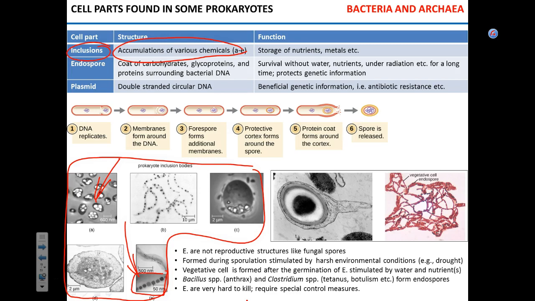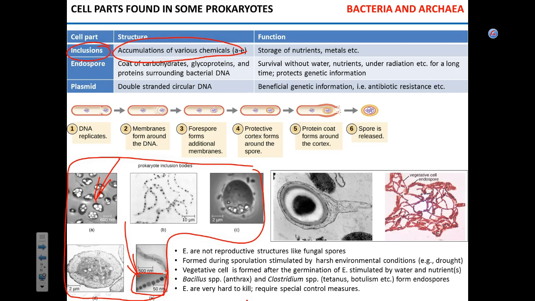Bacteria live in all kinds of environments, and they may need to store all kinds of weird chemicals, nutrients, sulfur, metals, often for reasons that we don't know about. What I want you to know is that inclusions are just accumulations of chemicals in the cytoplasm.